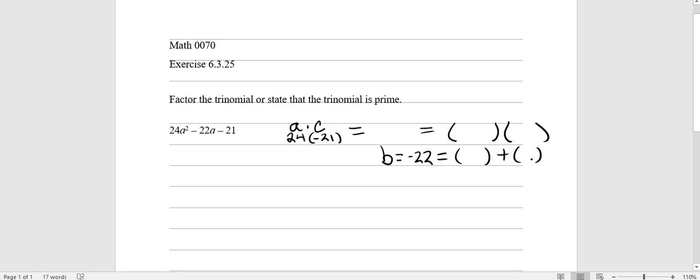All right, so we see that this product is going to give me a negative number. So A times C is a negative number, so one of the integers is going to have to be negative. And I find it's always easier in this process to put the negative integer first.